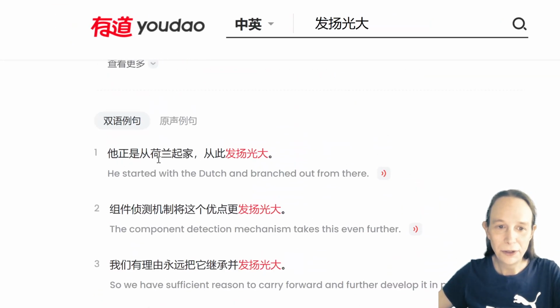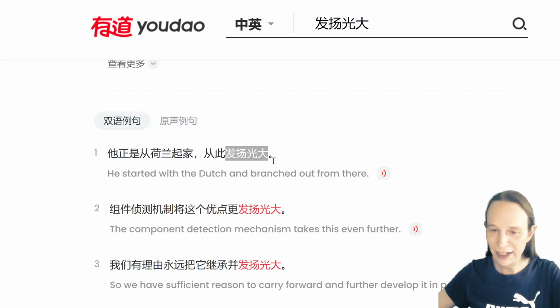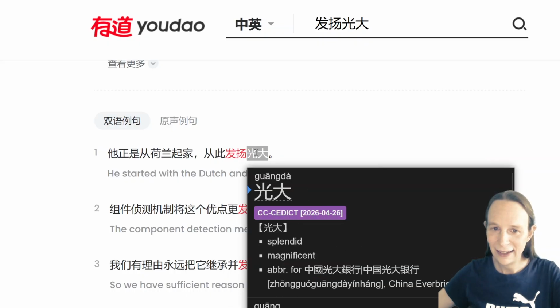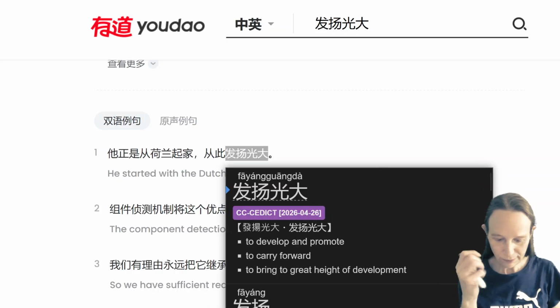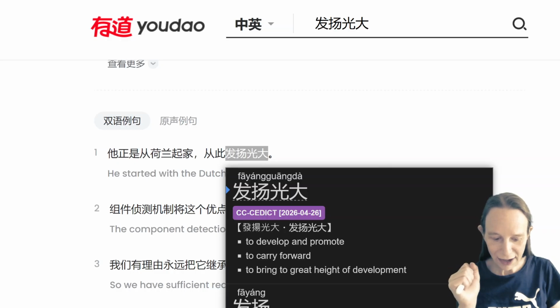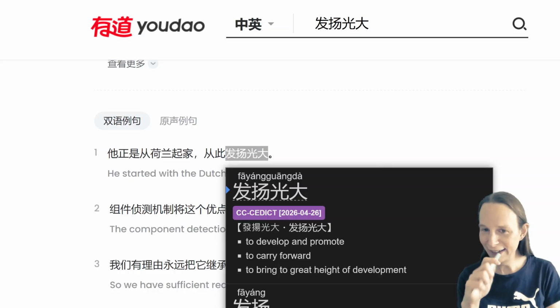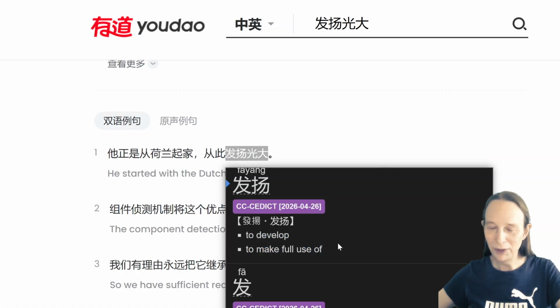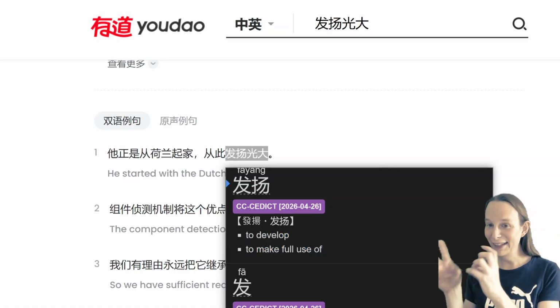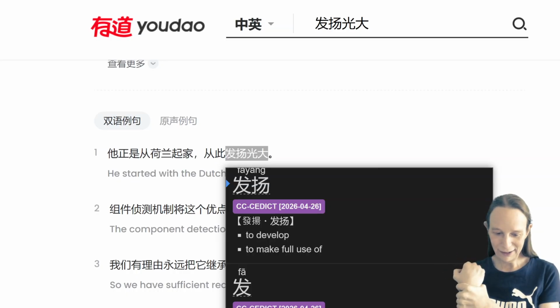他正是从荷兰起家，从此发扬光大, branched out from there. So this is 光大, unspecific. All right. 发扬优点. So you're promoting good things. I think there is an element of promoting in 发扬, developing, but also encouraging others to develop the things as well.